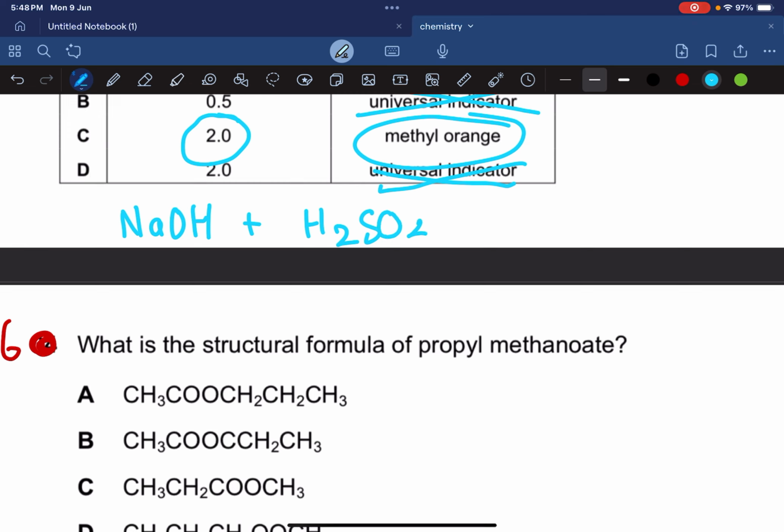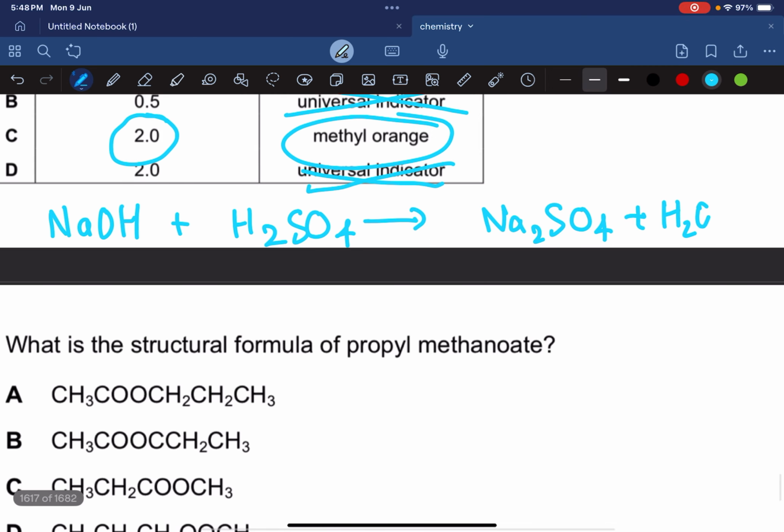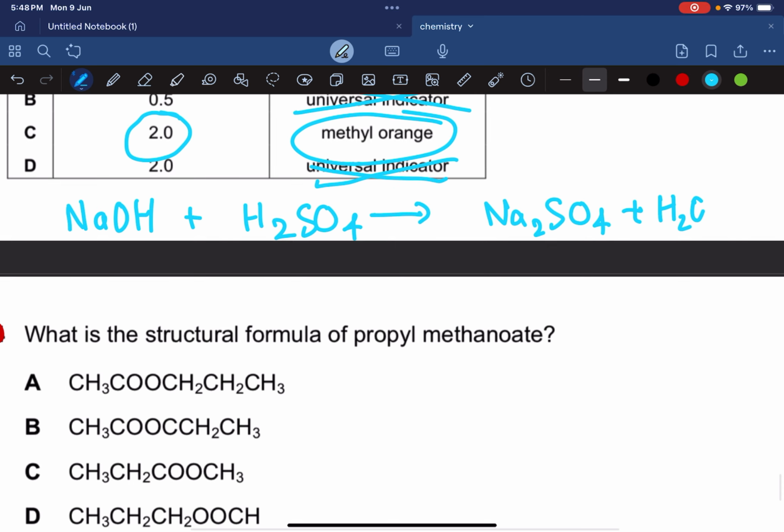Okay, it forms Na2SO4 plus H2O. Now one thing you must realize over here is that when we balance this, because we have 2 over here, we're going to add a 2 over here, and then to balance it out, we're going to add a 2 over here. That makes 4.